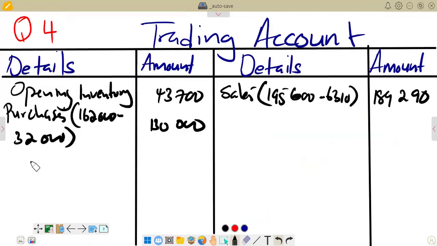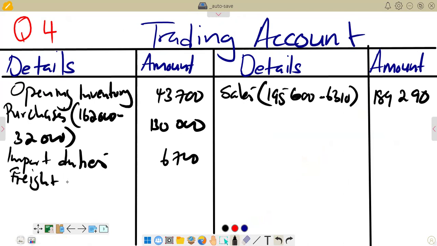So if you come here now, we are saying our import duties, which you are given as 6,600, and then we have the figure for freight on purchases, which is 8,500.